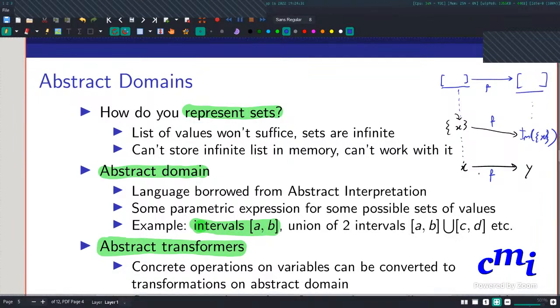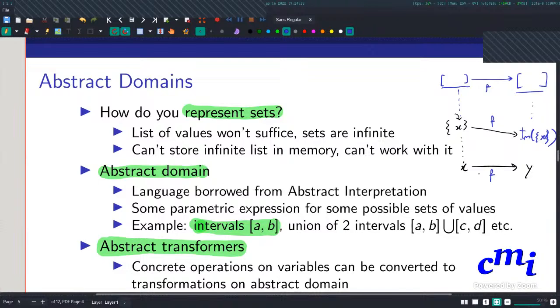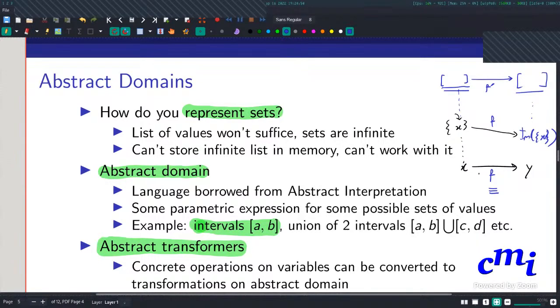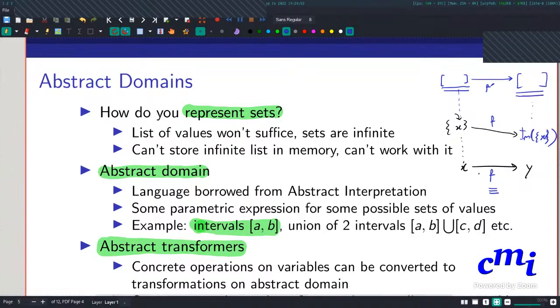This is the basic idea behind abstract transformers, where you take the precise action which f is doing, and we might call this f dash. We take the precise action that f is doing and make that act upon the interval. And whatever we get on the other side, we try to fit a tight interval to that.